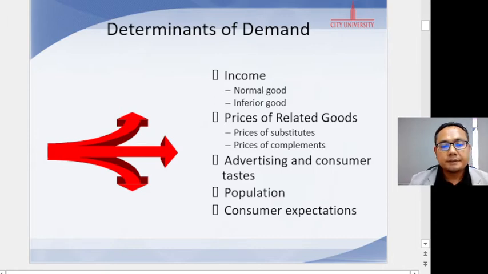And of course, you can see that the determinants of demand also depend on the population. The demand for a product is influenced by changes in the size and composition of the population.